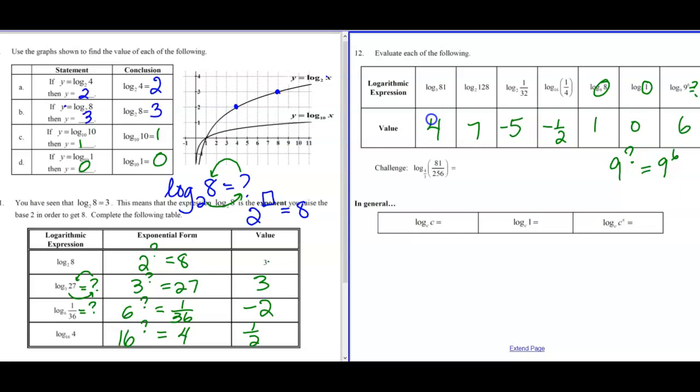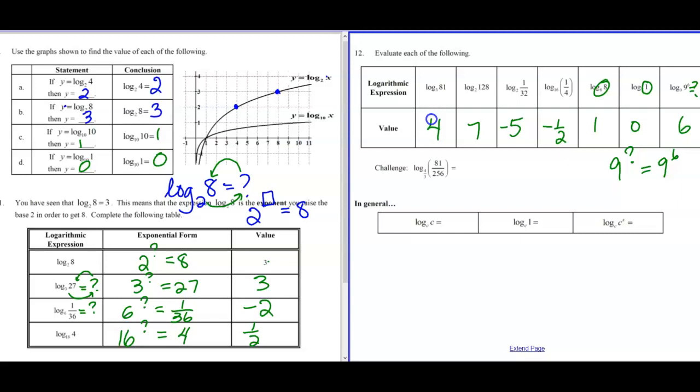Okay? So sometimes students make it way harder than it is. If that base is the same as the base in the argument, then the value is just the exponent on that. Algebraically, you can say that. Same as if you have a base raised to the logarithm with that base. So if you had like 9 to the power of log base 9, that cancels out.